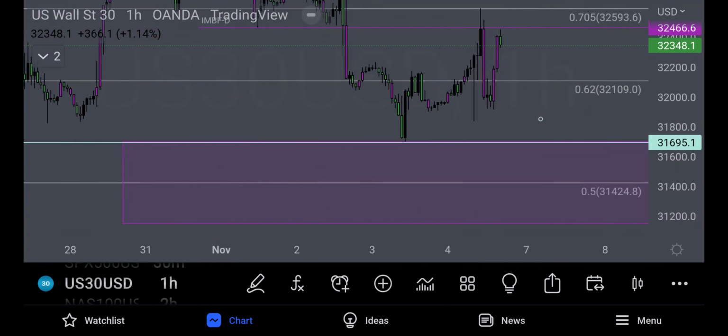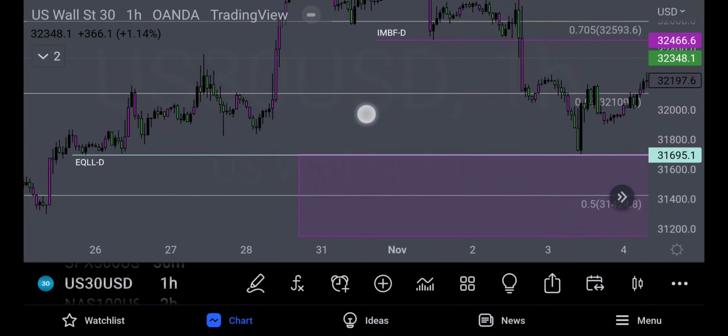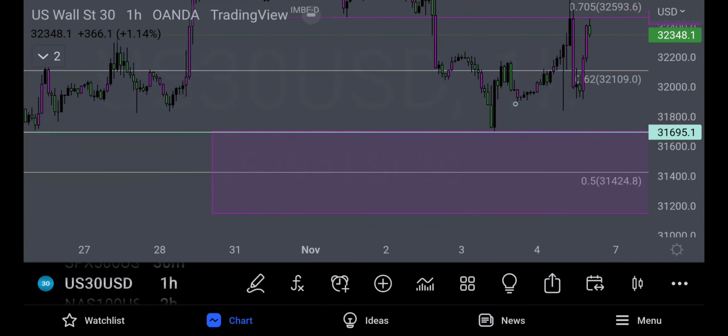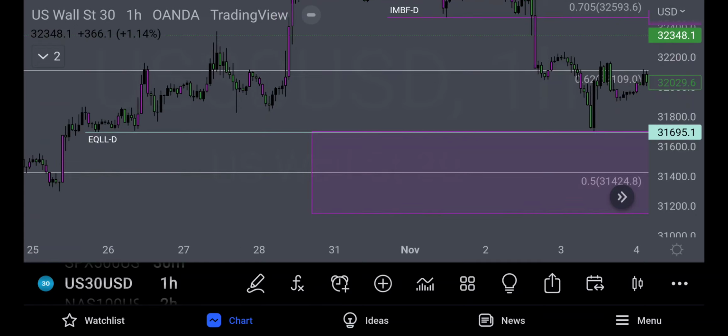We still have these equal or relatively equal lows here. Low, low, both are equal.